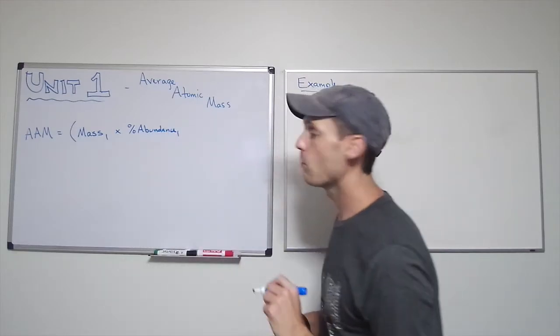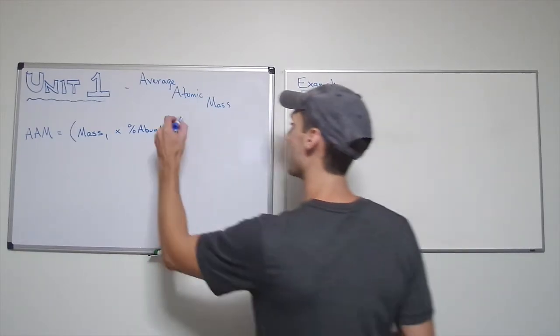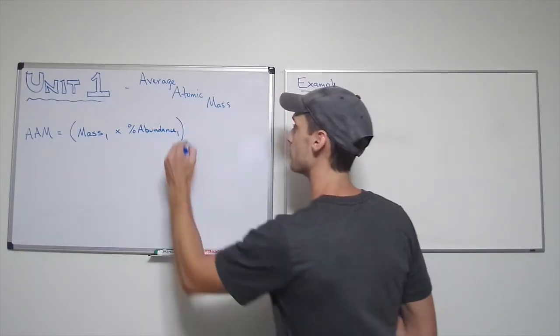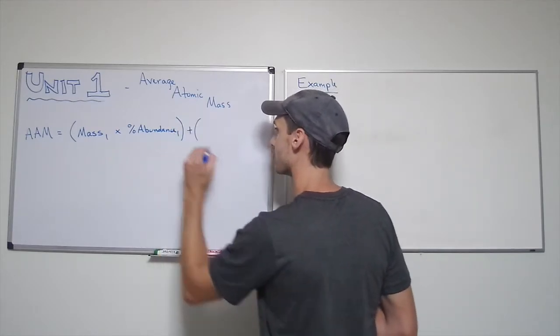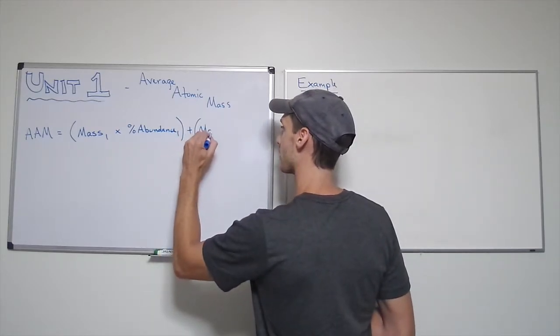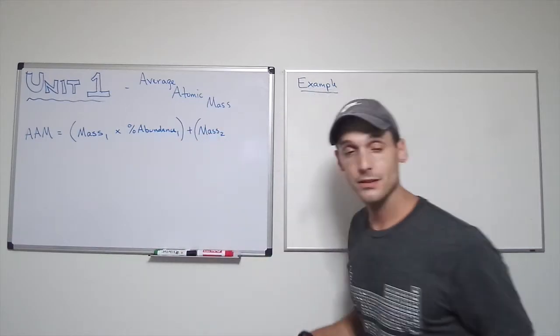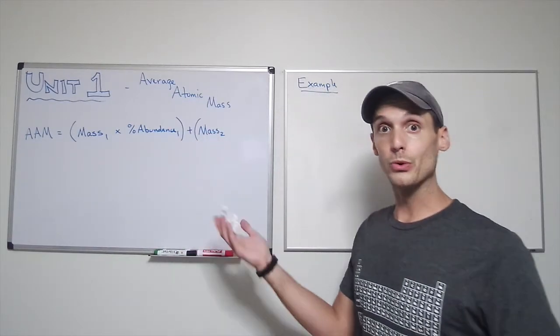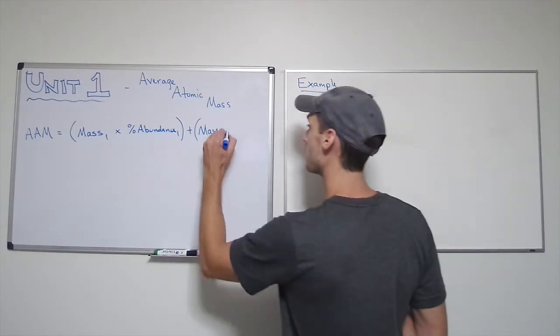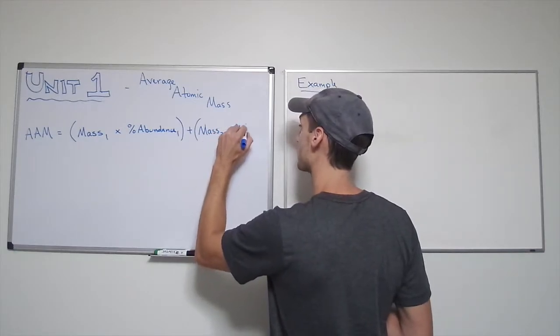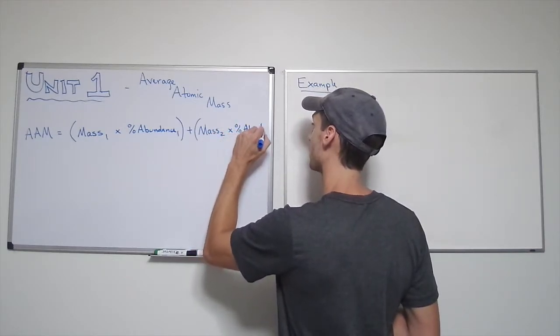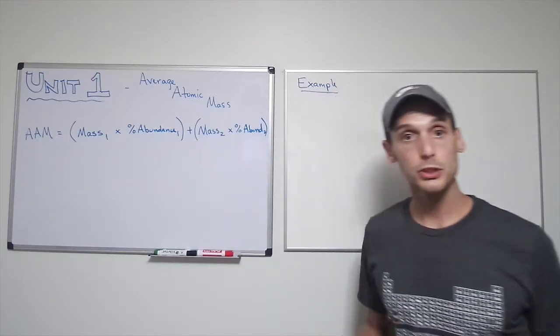So I'll call that 1. All right? And then we will add to that the mass of your isotope 2, your second isotope, times the percent abundance of isotope 2.